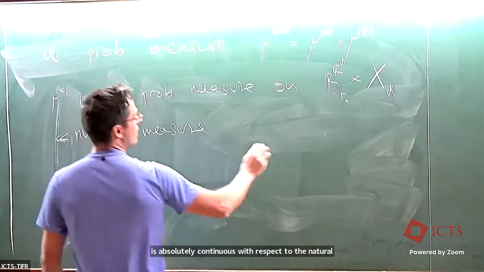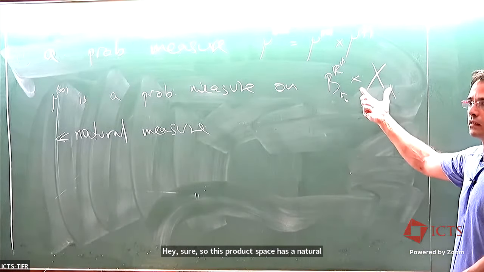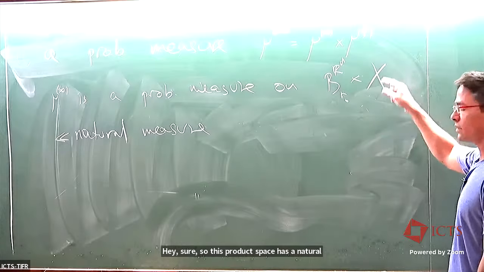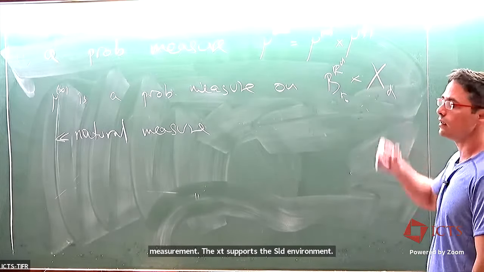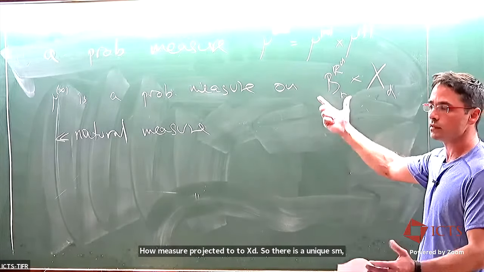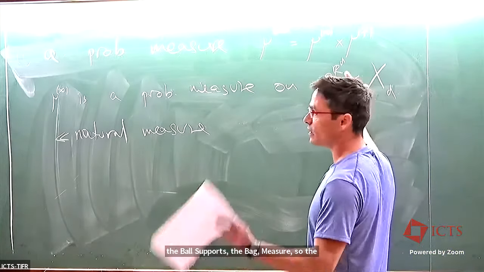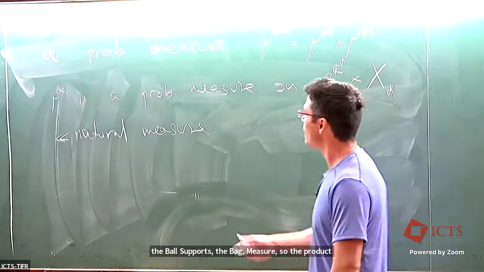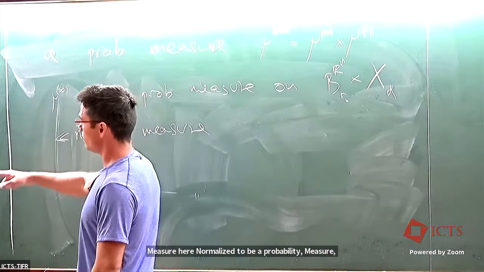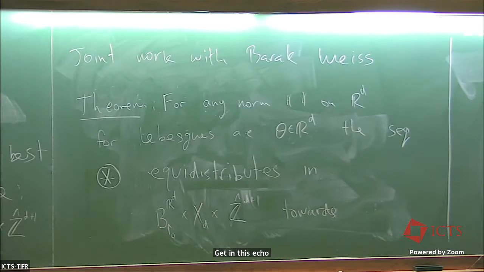This product space has a natural measure on it. The X_d supports the SL_d invariant Haar measure projected to X_d. There is a unique SL_d invariant measure on the space of lattices, and the ball supports Lebesgue measure. So the product measure here is normalized to be a probability measure. That's the uniform measure on this product space. And the measure that you get in this equidistribution process is absolutely continuous with respect to that product measure, but it is not a product of the two natural measures.